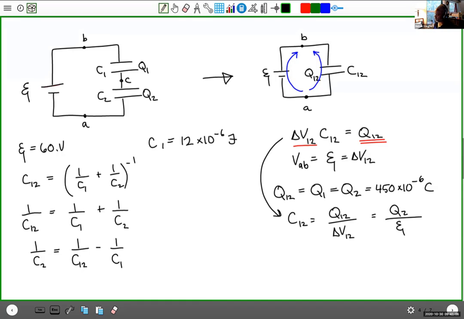So now we know the capacitance of the equivalent capacitor between capacitors 1 and 2.